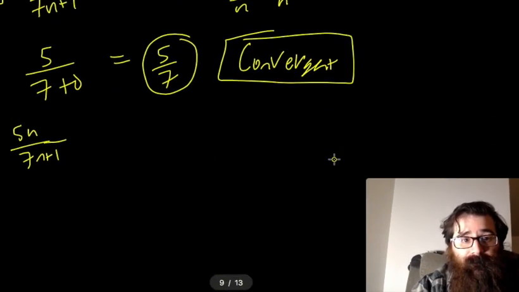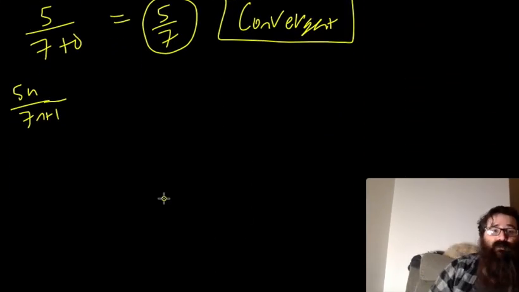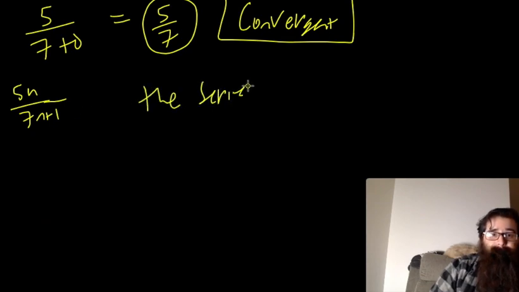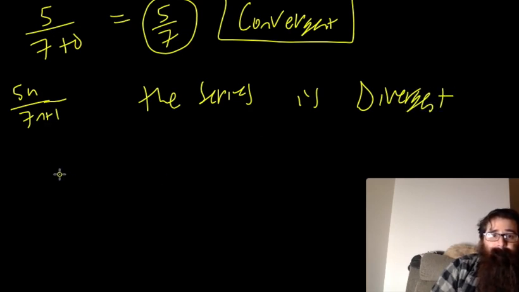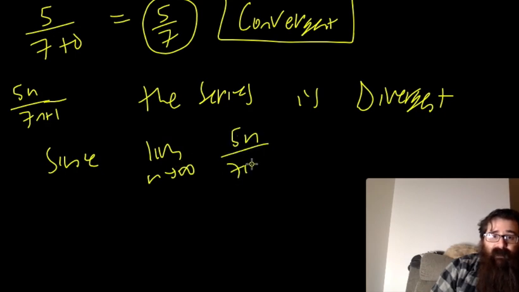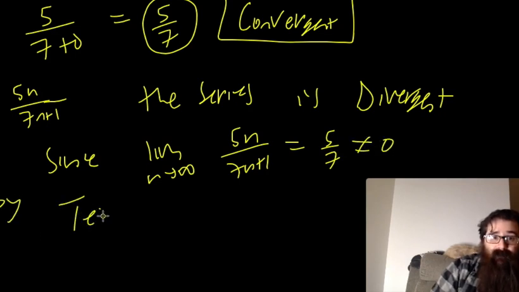We can talk about this a bit more, but let's first write it down. The series is divergent since the limit as n goes to infinity of 5n over 7n plus 1 equals 5/7, which does not equal 0. We would say by the test for divergence.